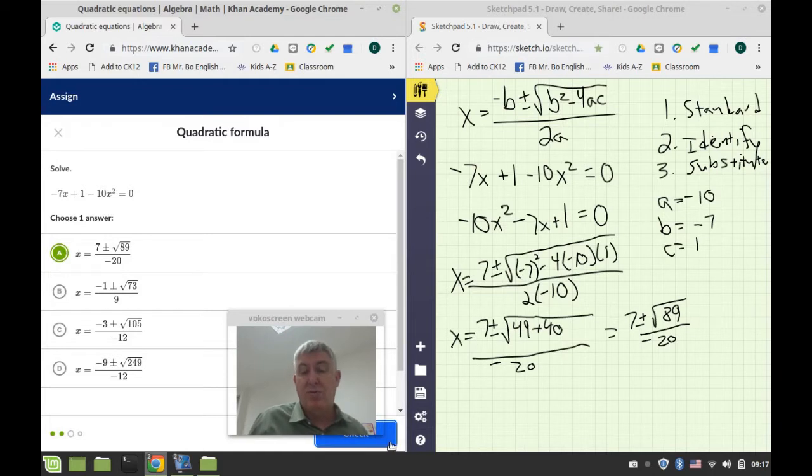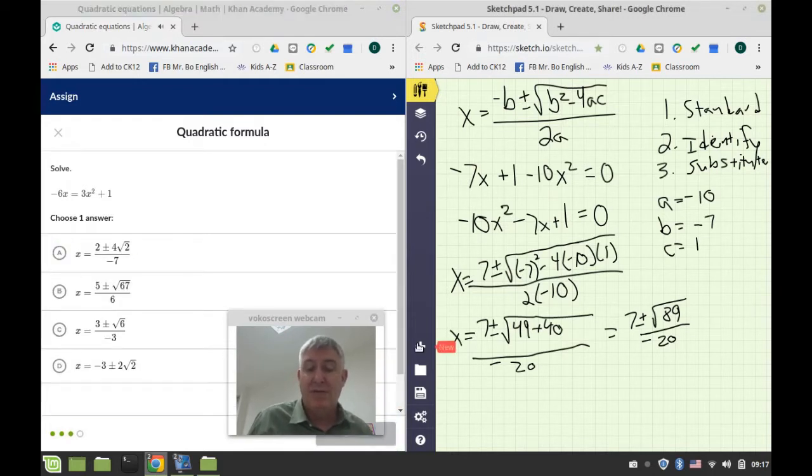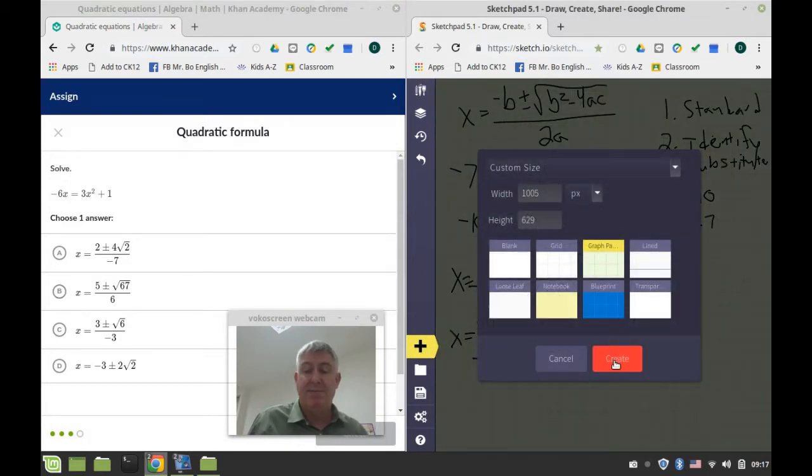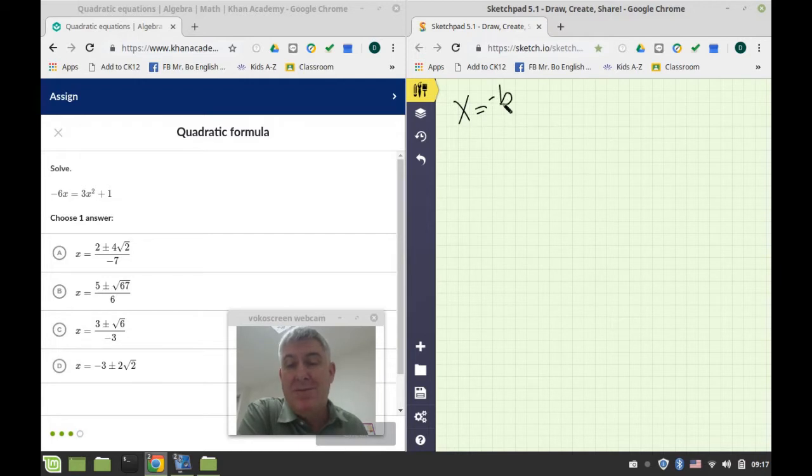The quadratic formula really isn't very hard. You just have to memorize it. You have to practice doing it a few times. It takes some work to simplify the radicals, but it works every time.